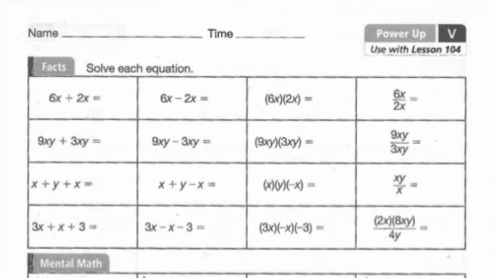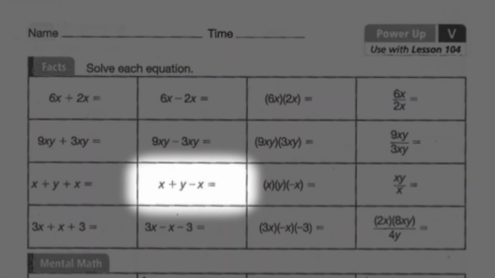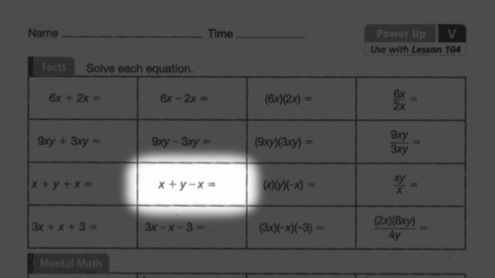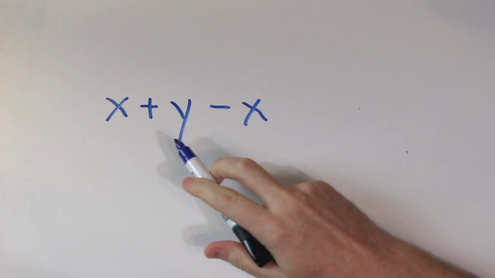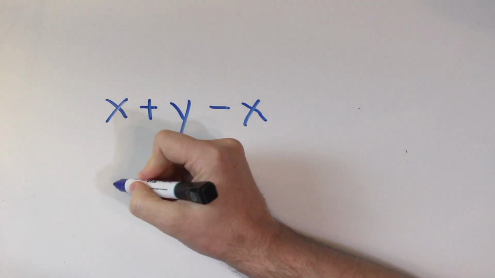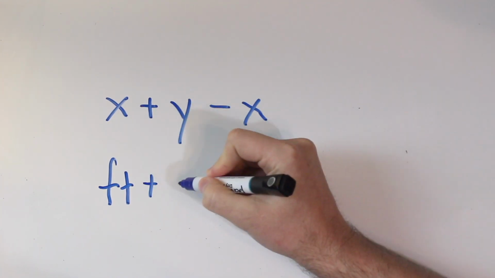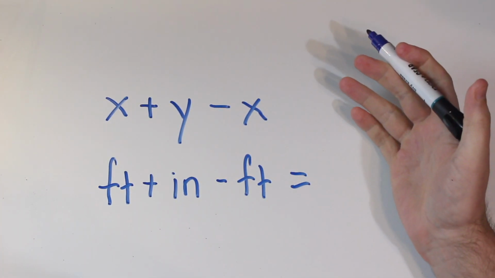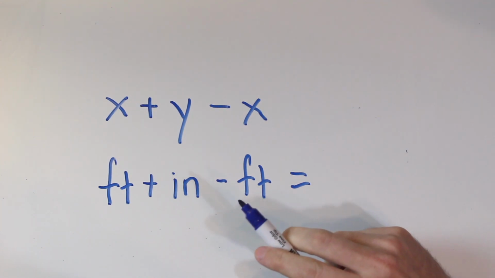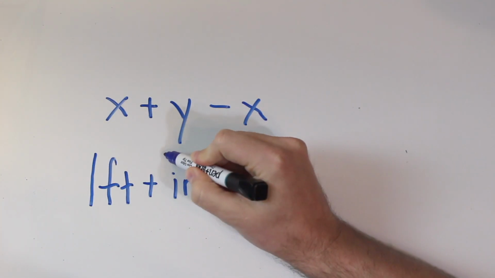Our next problem is similar, but has subtraction in it. x plus y minus x. Once again, let's imagine this problem with feet and inches. A foot plus an inch minus a foot would be what? Well, let's put in our implied ones.